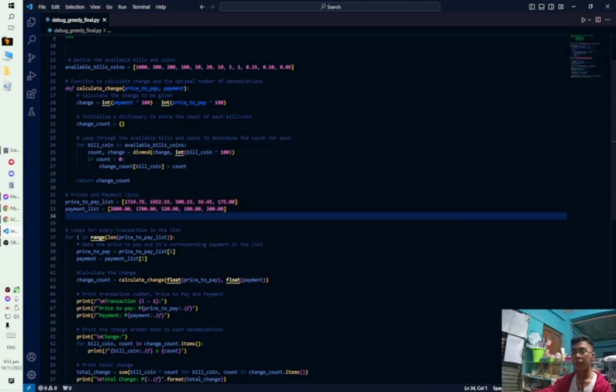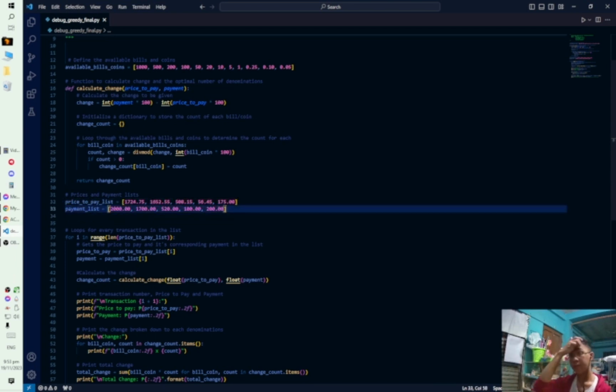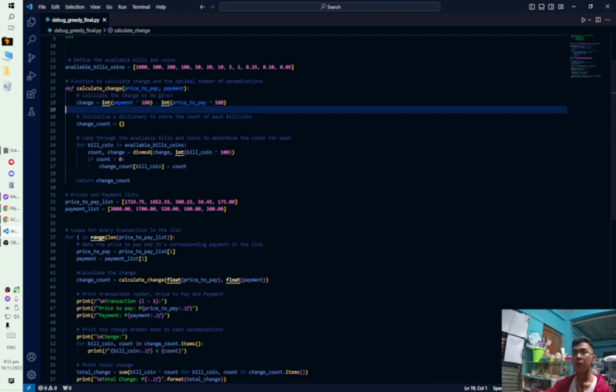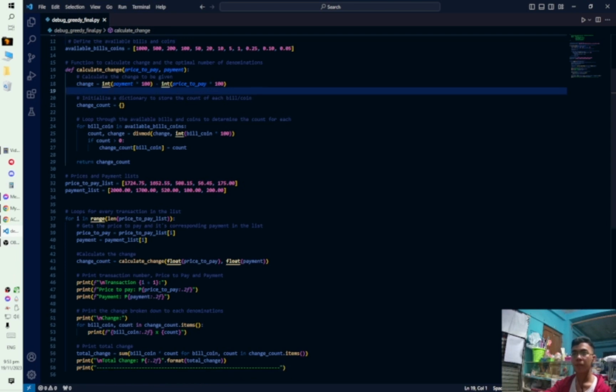So we made a list for each price to pay and their corresponding payment list. Under the calculate change function, we need to get the change first: payment minus price to pay, so that's the change.